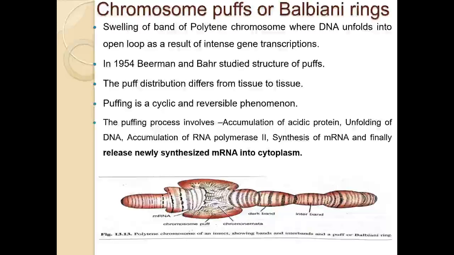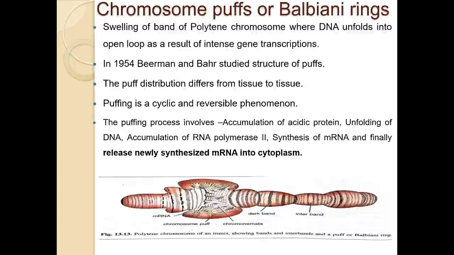As you know, transcription is the synthesis of mRNA from DNA, and for the synthesis of mRNA the DNA has to unfold, and that's why the loop-like swelling occurs in the polytene chromosome, and that is the chromosome puff or Balbiani ring.